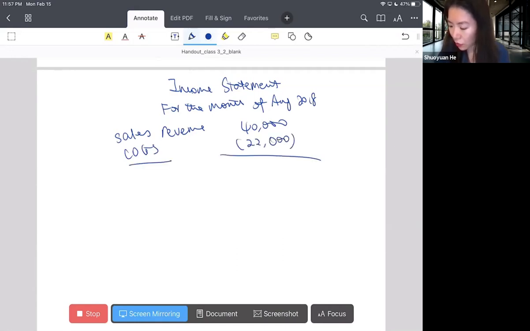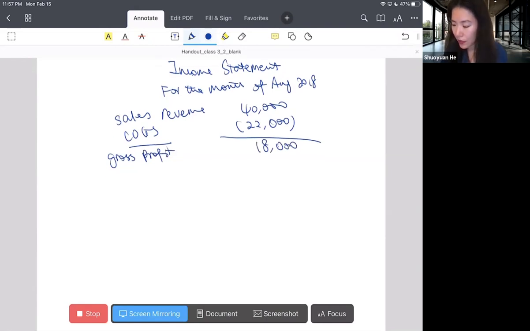So the gross profit, which is the difference between these two, is 18,000. And then we need to take out operating expense.